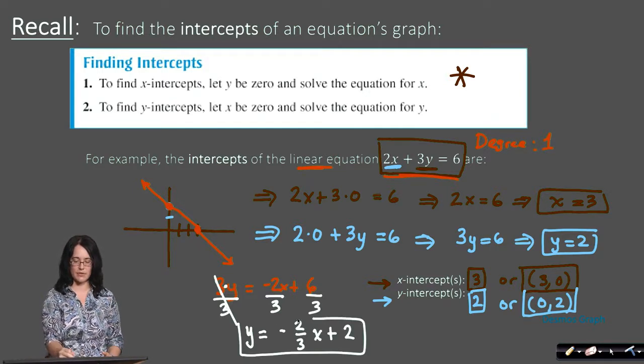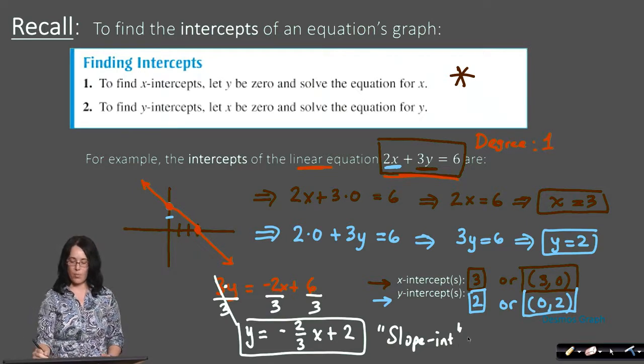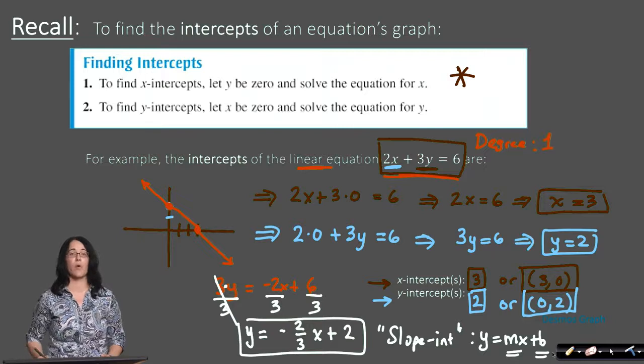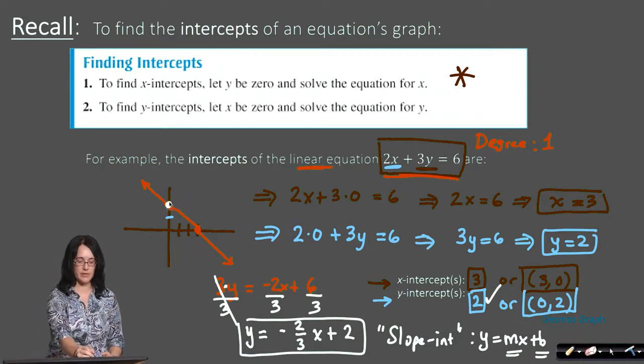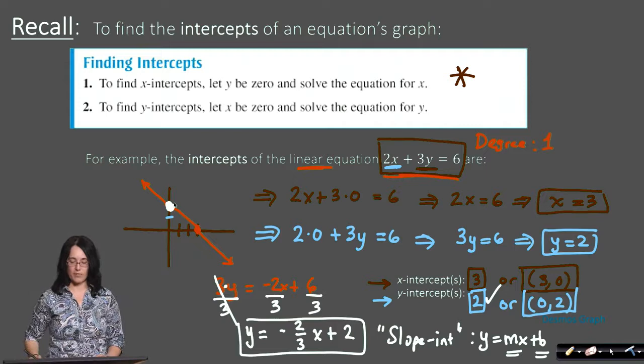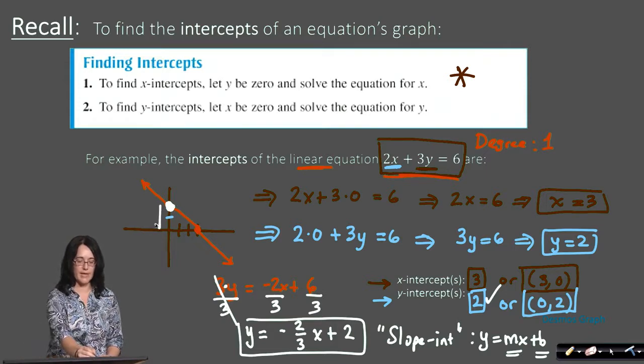What is that saying in slope-intercept form? A little review here of lines. Well, that would be that y equals mx plus b, where m was my slope and b was my y-intercept, because whenever x is 0, we get that number, don't we? So our y-intercept should be 2, which we already knew to be the case. And then if we use our slope of negative 2/3, we would go down 2.